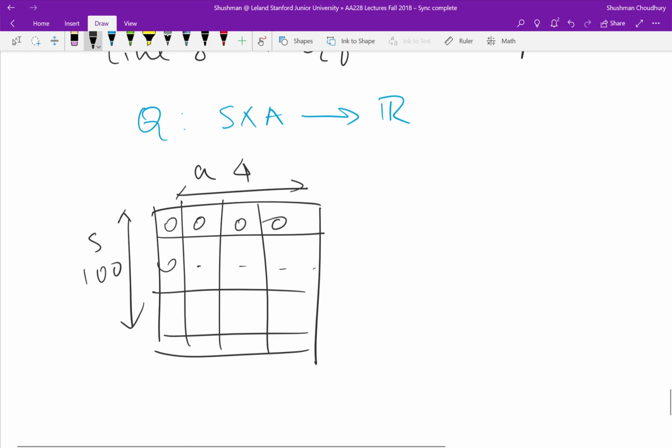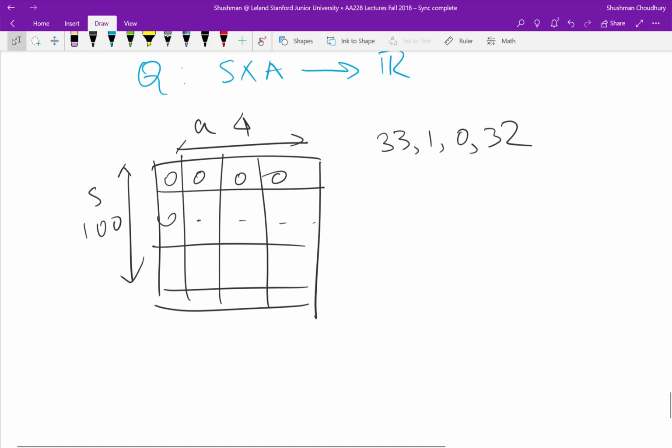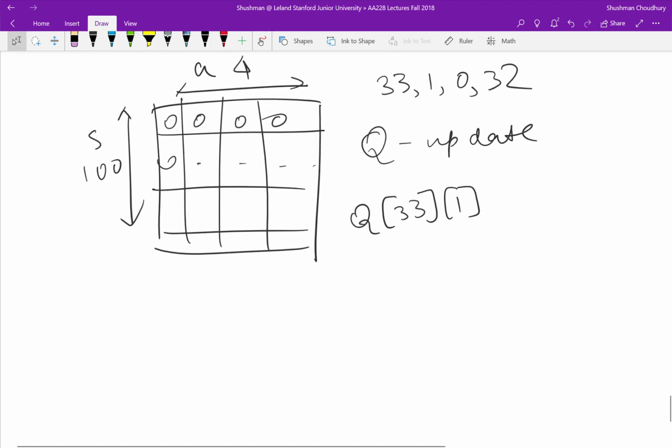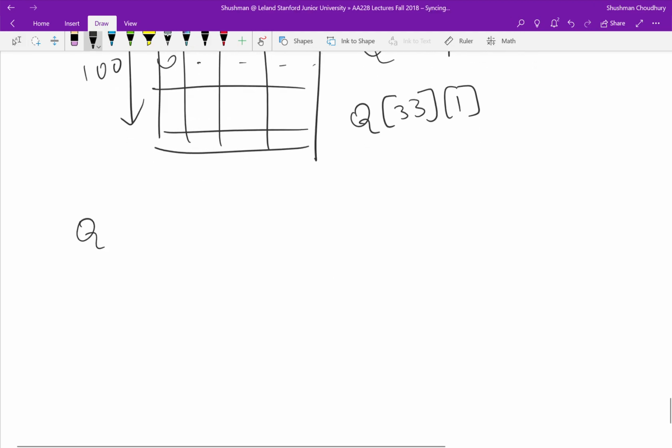Then, for example, if you see the data point 33, 1, 0, 32, you could just do the update of line 8, the Q update. Upon observing this data, you would update the Q matrix entry for 33, 1 according to the update. I'm not going to go through that because, well, actually, let me write that out.